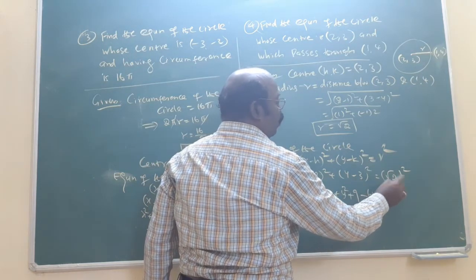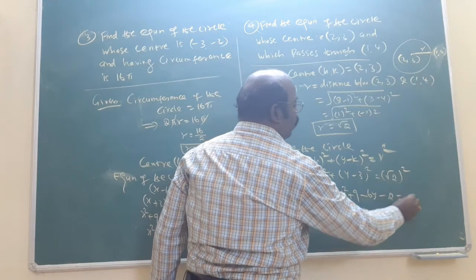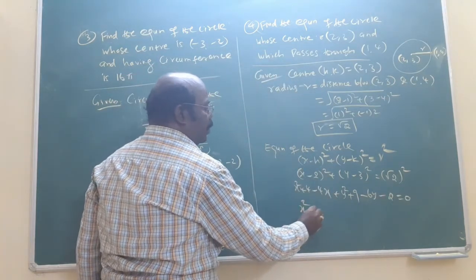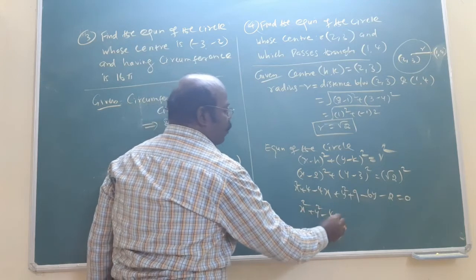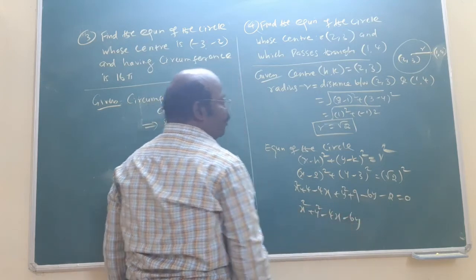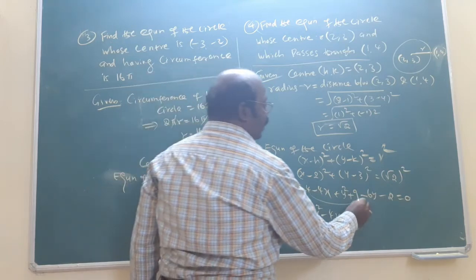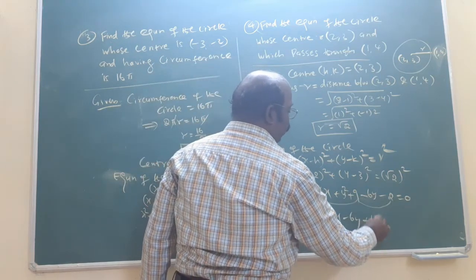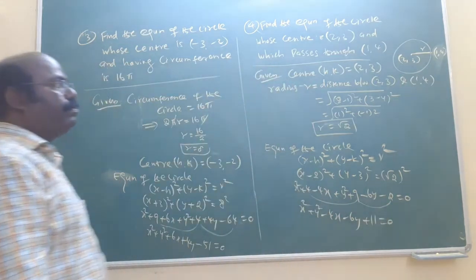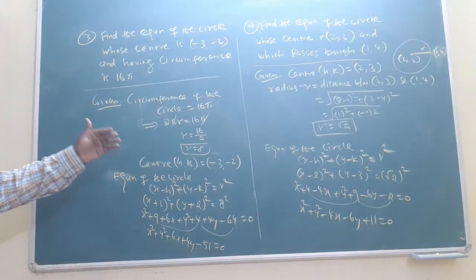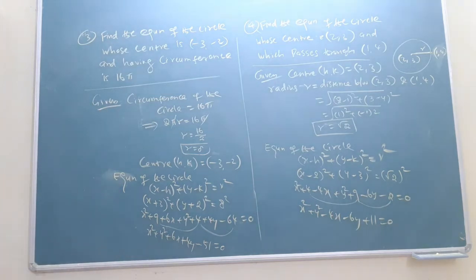Root 2 square is only 2, so it comes as minus 2 equal to 0. Now write in order: x square plus y square minus 4x minus 6y. Now 4 plus 9 is 13. 13 minus 2 is 11 equal to 0. This is the answer. Both use the same method, but here h comma k is given and the radius was somewhat extra, found using the distance formula. That's all.